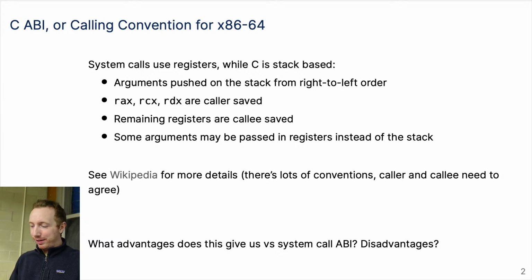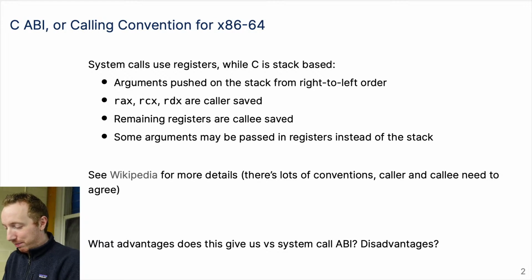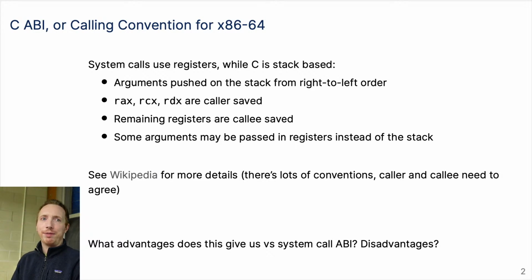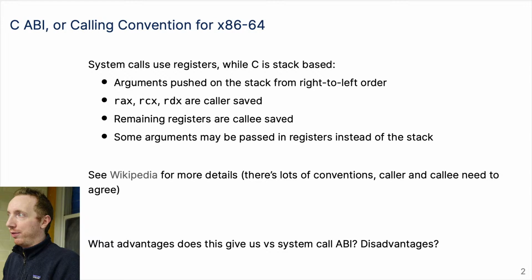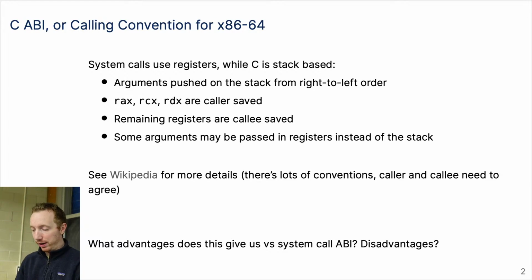By default, C is stack-based, where arguments are pushed in left to right order, and then there's caller saved and callee saved ones. But in 64-bit, some arguments might be passed in registers instead of the stack if they are simple enough. And for lab 2, your thread stub code just has 2 arguments that are simple, so they'd actually be passed in registers, which is in the handout.